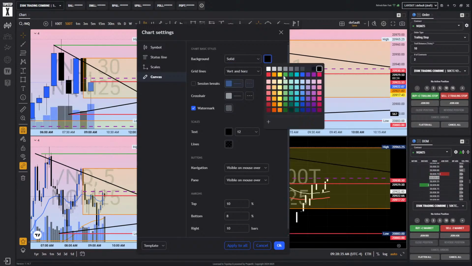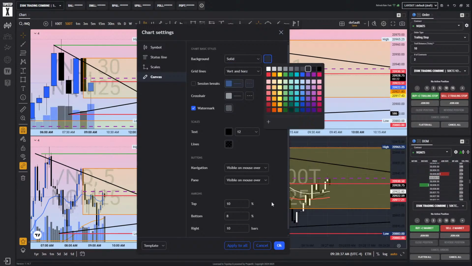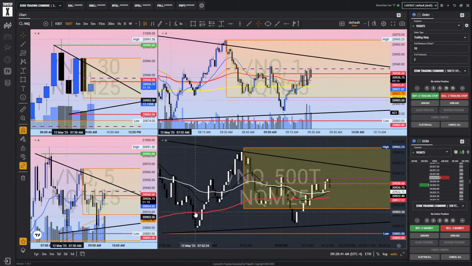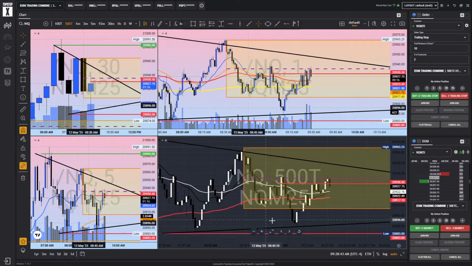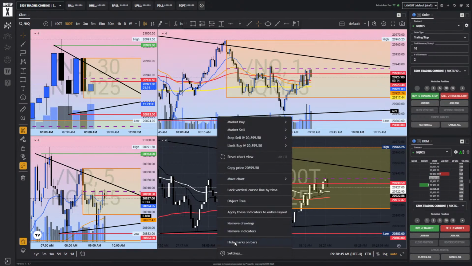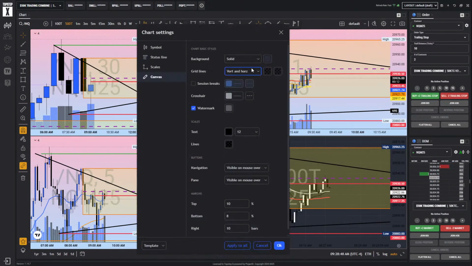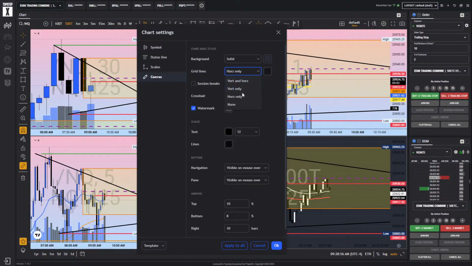Canvas, solid. This is slightly better, more workable. And we'll look at the grid lines and see what we can do about those. No grid lines, or just horizontal. Yeah, we're gonna do none for now.